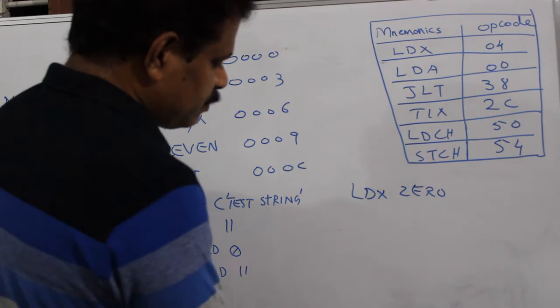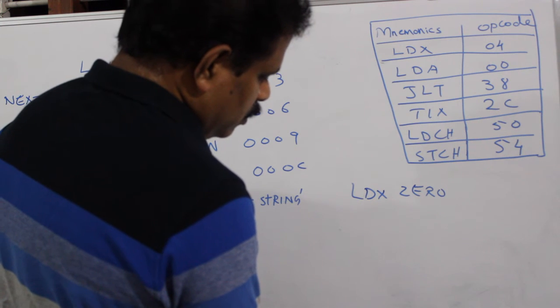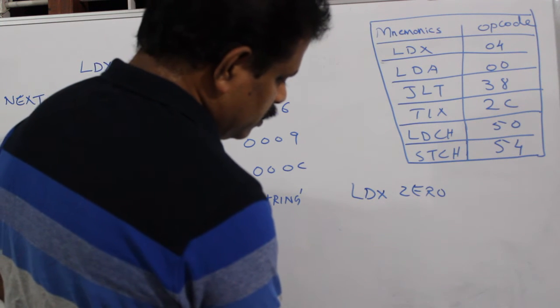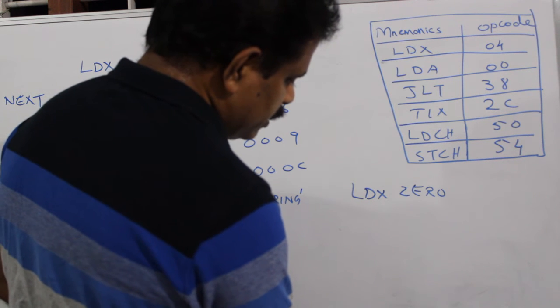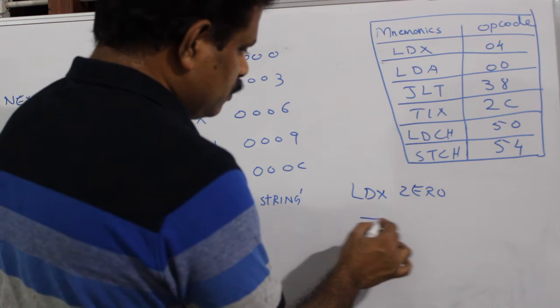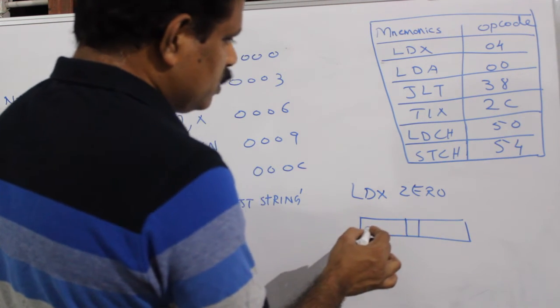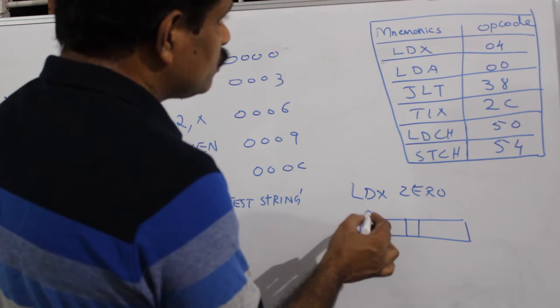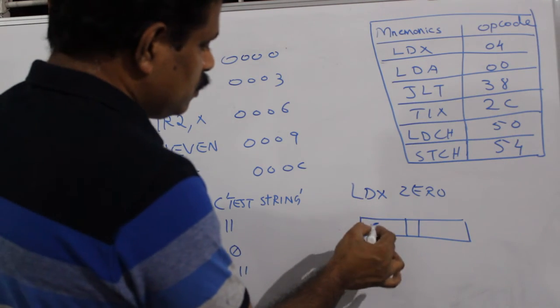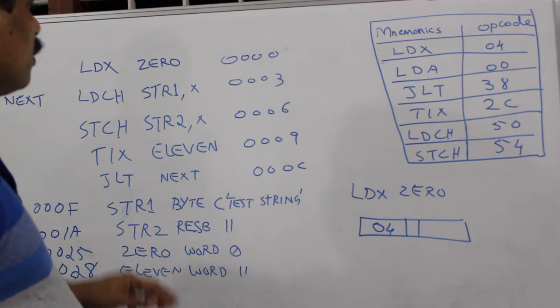See, our instruction format is opcode, then the addressing bit, then address. Okay, so we are filling that. The opcode of LDX is 04.